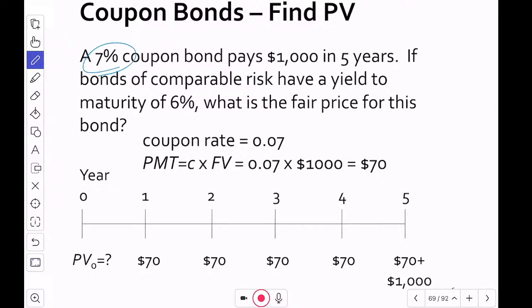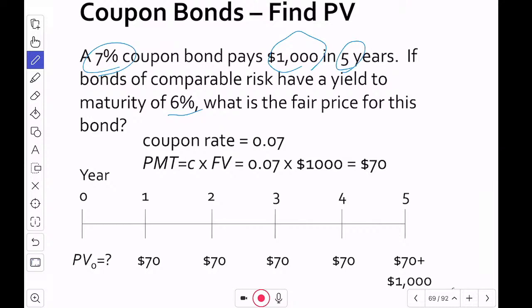A $7 coupon bond pays $1,000 in 5 years. So these are our variables. If bonds of comparable risk have a yield of 6%, this is what we should use as our discount rate. They call it an interest rate, but because it ends up on the bottom of our formulas, we also call it a discount rate.